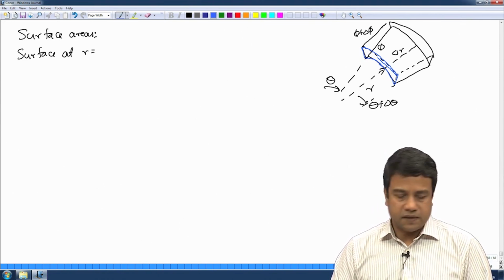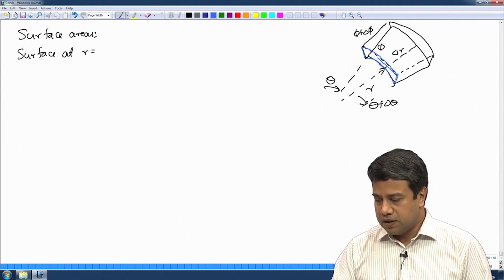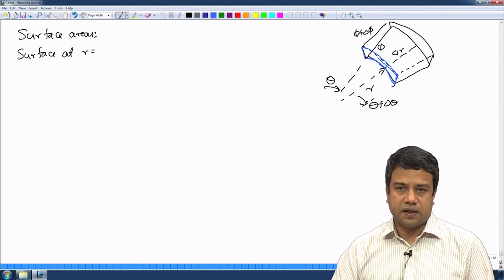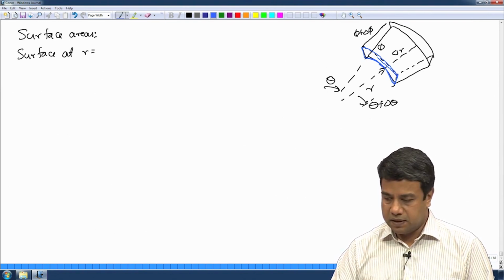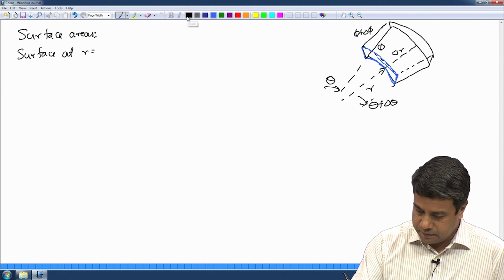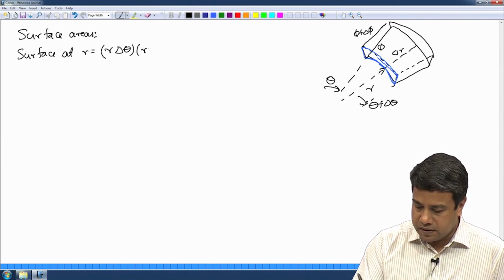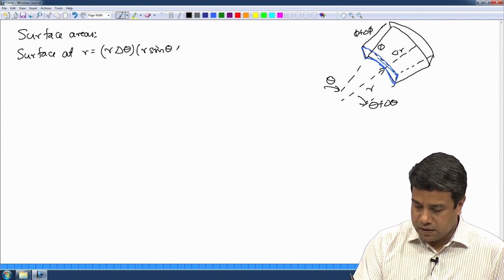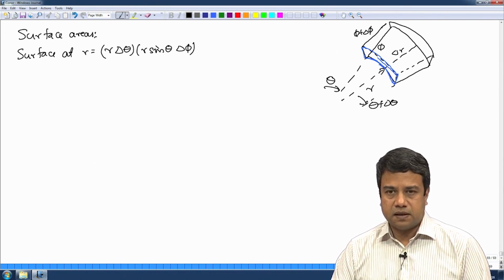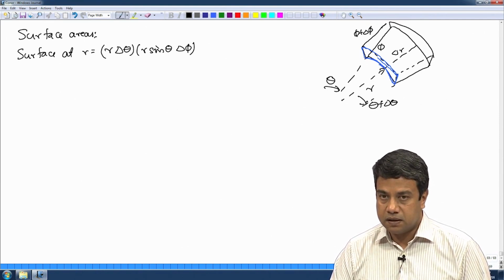Its surface area has to be equal to the length in the theta direction times the length in the phi direction. The length in the theta direction is r delta theta. The length in the phi direction is r sin theta delta phi.